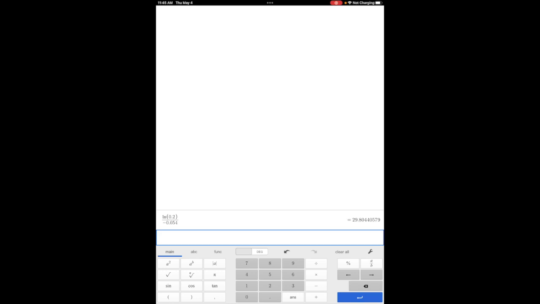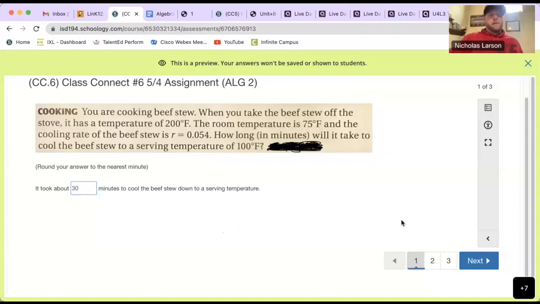I'm going to get 29.8, and the directions say to round to the nearest minute, which would be about 30. So again, as I go through, it took about 30 minutes to cool.